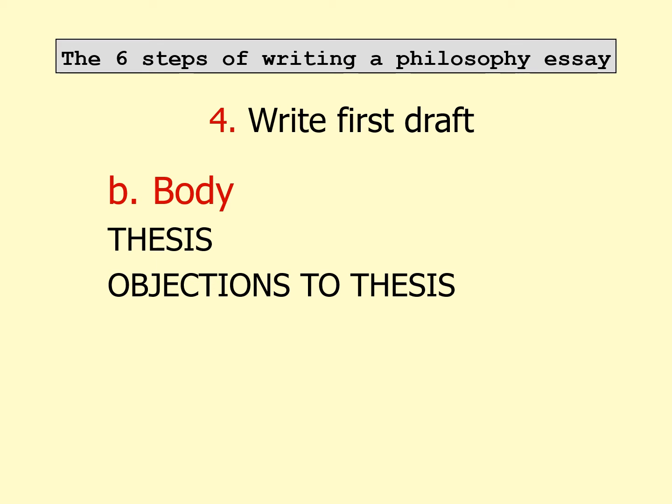If both the thesis and objection are in your assigned reading, then this is an exegetical essay. If only the thesis is in your assigned reading, and you have to provide the objection, then this will be a critical essay.